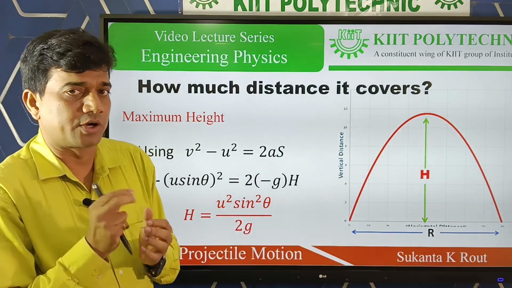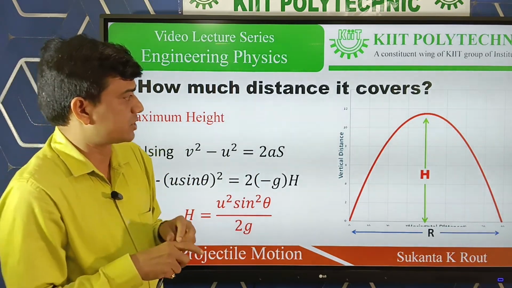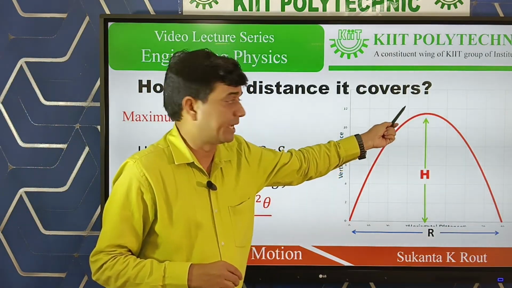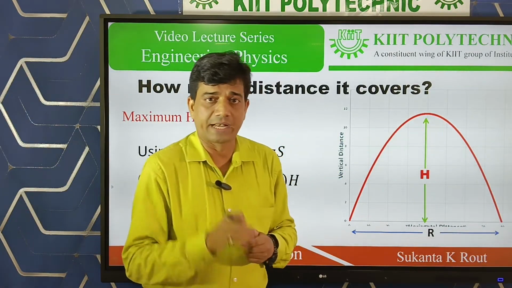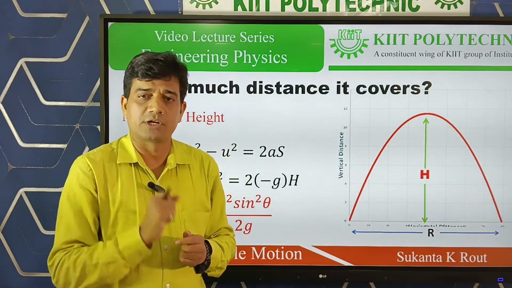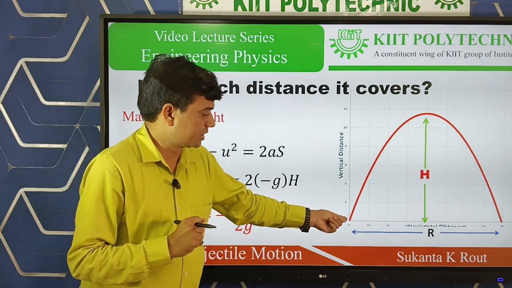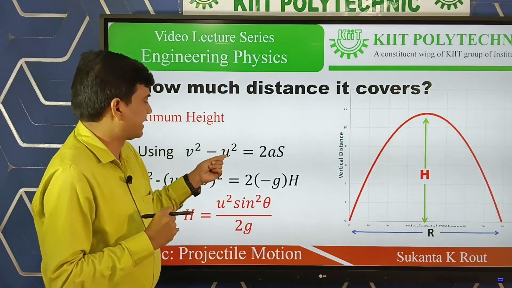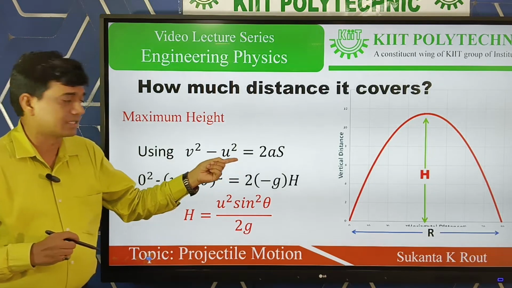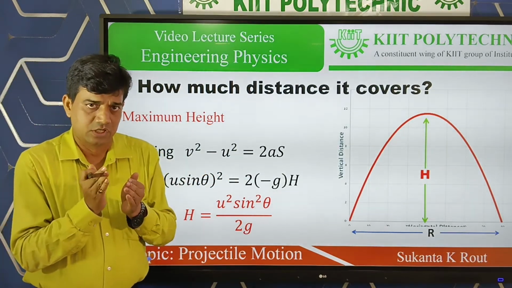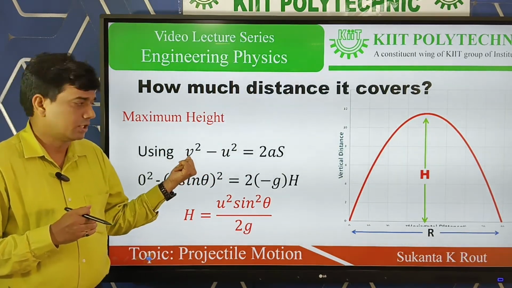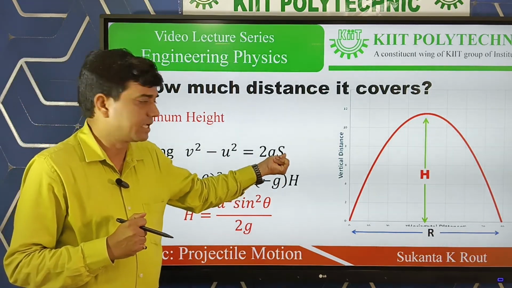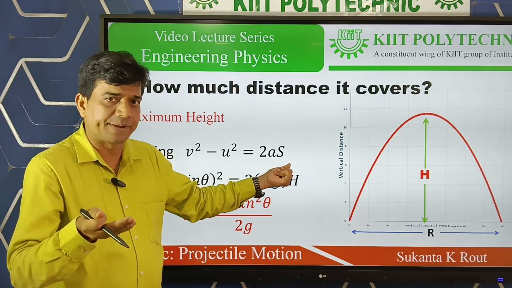Here in vertically upward direction, when the projectile reaches this highest point, already I have told you, the velocity at this highest point will be 0 in vertical direction, and the initial velocity in vertical direction is u sin theta. So you can apply v square minus u square equal to 2as in vertically upward direction. Here v is the final velocity, u is the initial velocity, a is the acceleration, s is the distance, or you can say displacement.